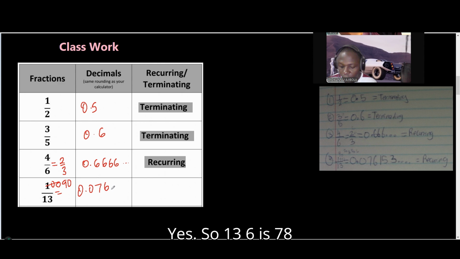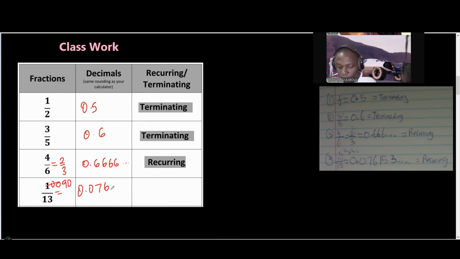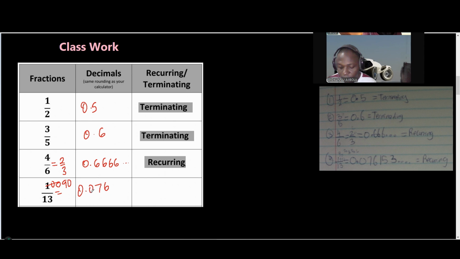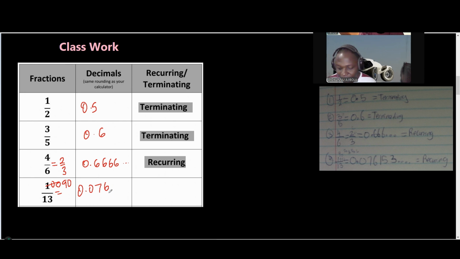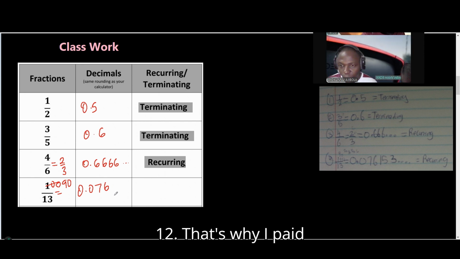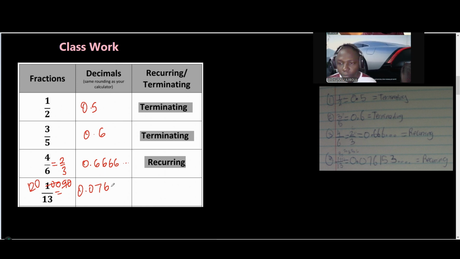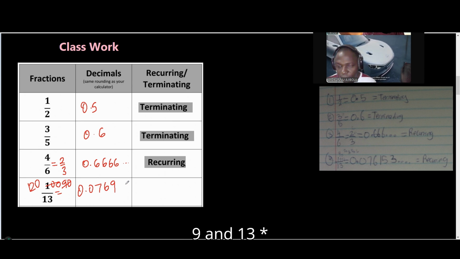So 13 times 6 is 78, and you remove it from 90, right? So you're the one that made the mistake, right? Yes. So 90 minus 78 is 12. That's why I picked 120, okay? So divided by 13, that gives 9.